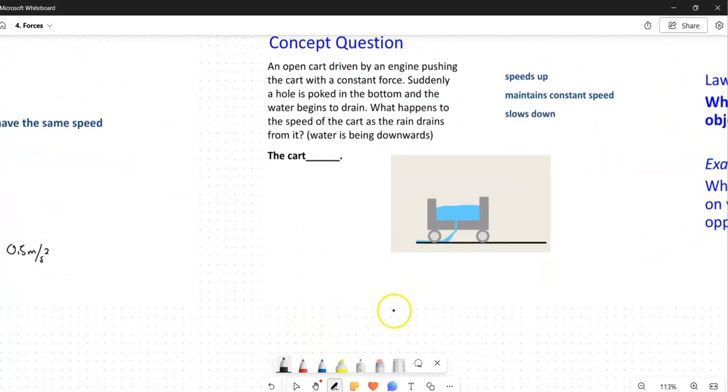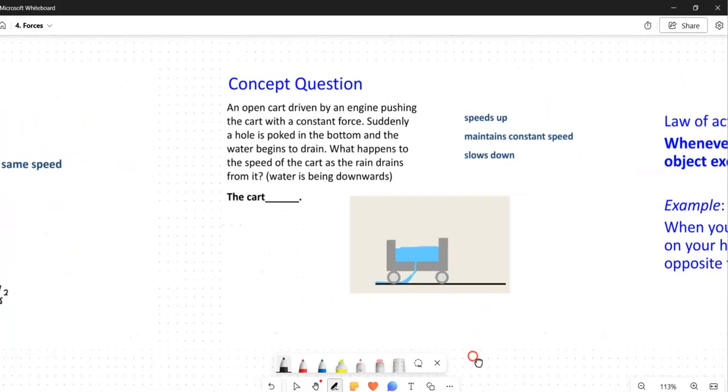Another way of thinking about it is this. Suppose a cart is driven by an engine that is pushing it with a constant force. Again, let's call it a 2 newton force. And suddenly it starts draining fluid at the bottom. So it had rainwater in it.